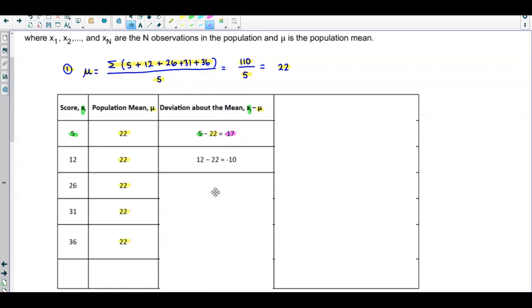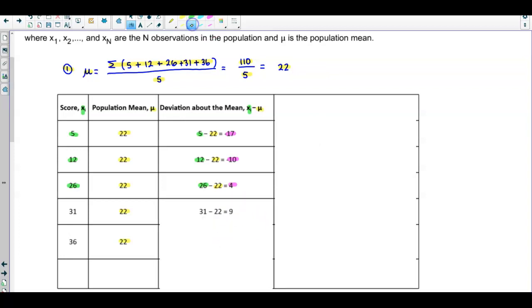Next, we're going to take the next x value, which is 12, and subtract the population mean of 22 to get a deviation of negative 10. Next, we're going to take the data value of 26, and subtract the population mean of 22 to get a deviation of 4.